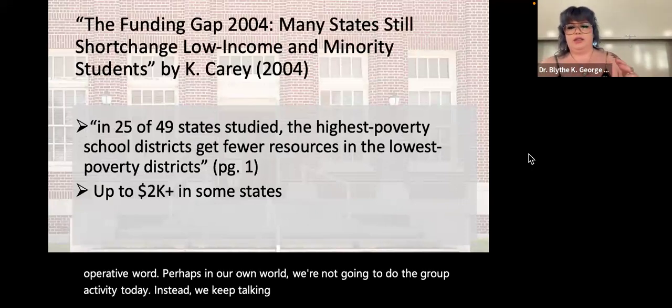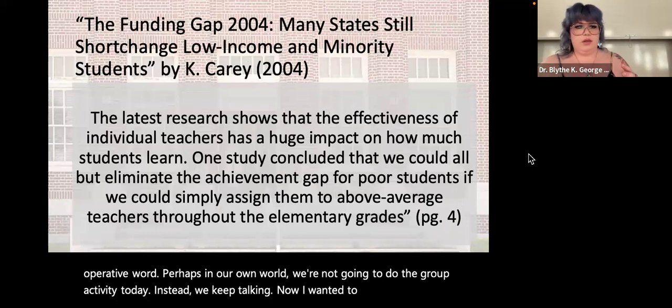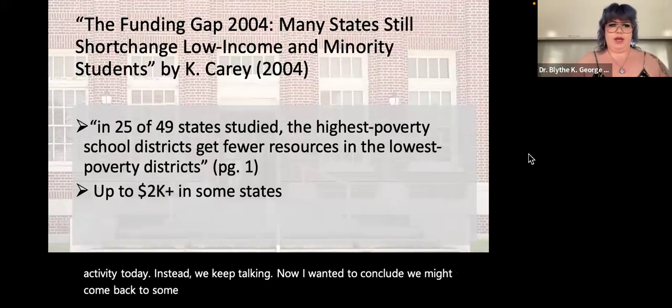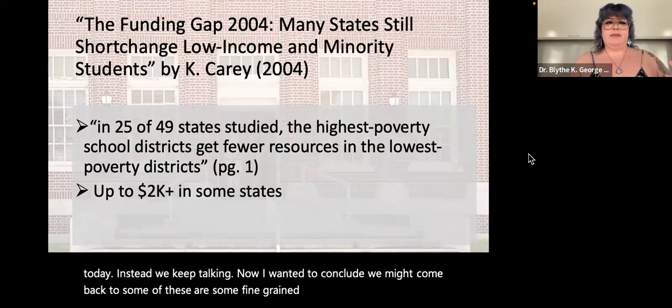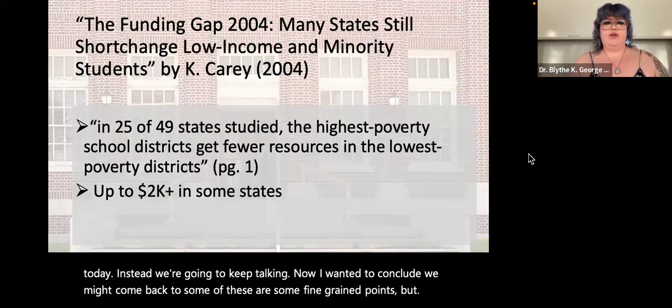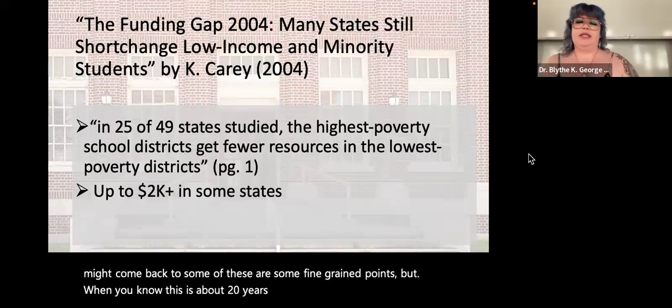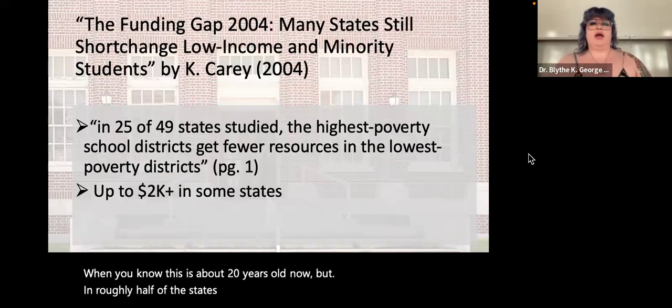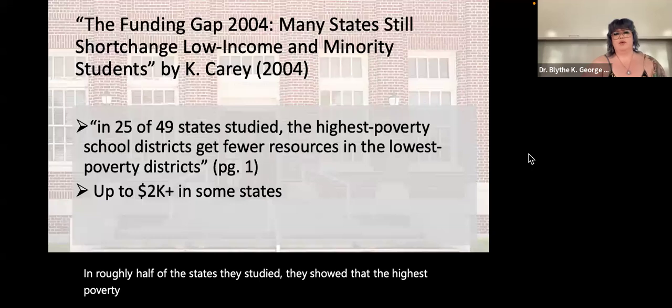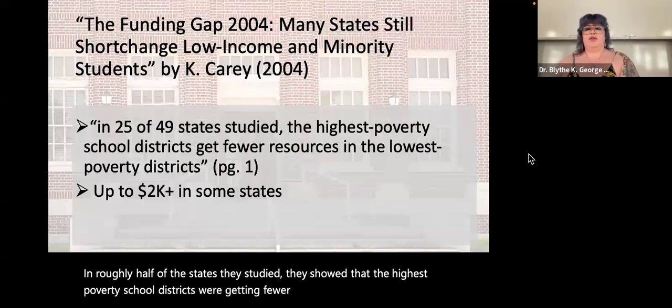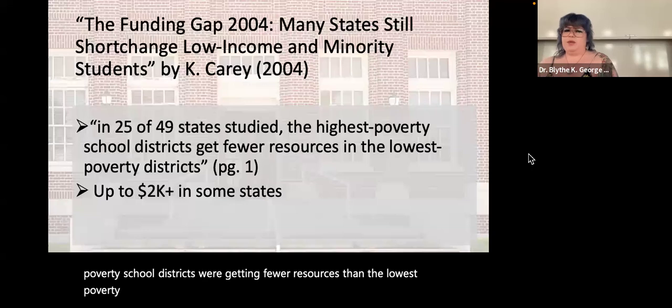Now, I wanted to conclude, we might come back to some of these. These are some fine grained points, but this is about 20 years old now, but in roughly half of the states they studied, they showed that the highest poverty school districts were getting fewer resources than the lowest poverty districts, which makes sense, but that gap could actually be up to 2,000 per student.